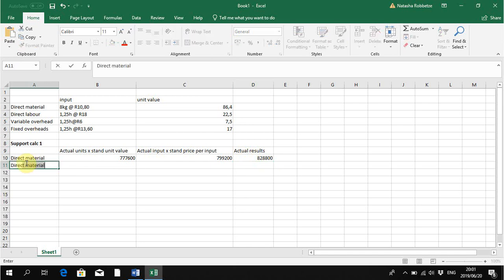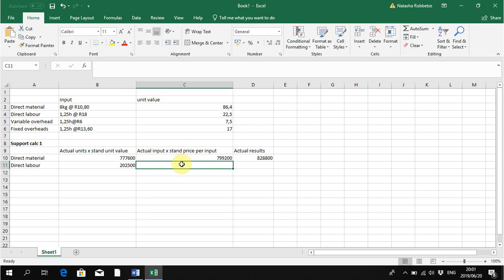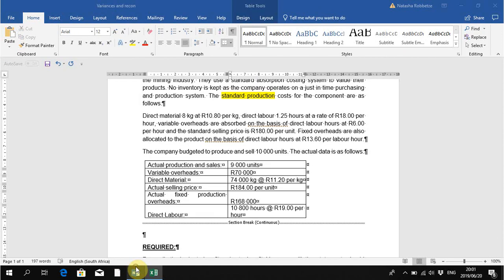For direct labor, I'm going to say the actual units is still 9,000 and the unit price for direct labor was 22 Rand 50. The actual input, I need to go and find the input. And the direct labor was based on direct labor hours. If I go back to my question, the actual total direct labor hours was 10,800 hours.